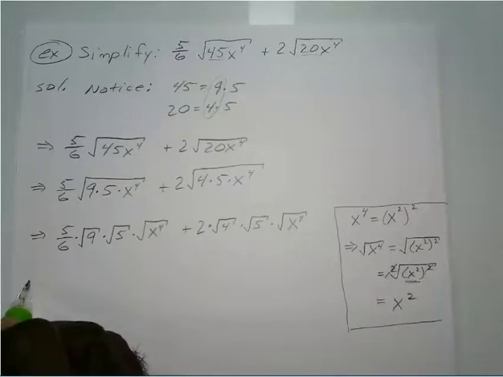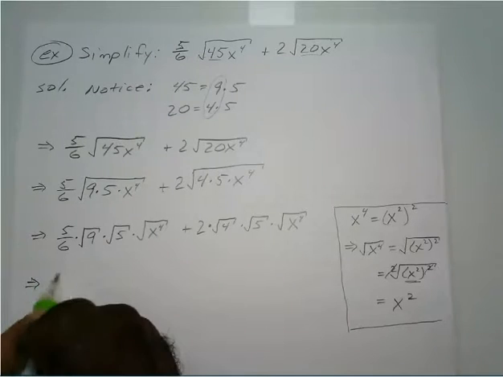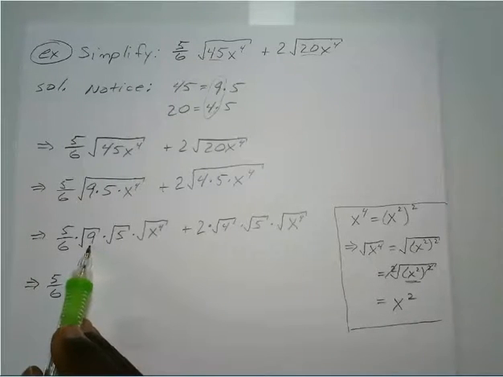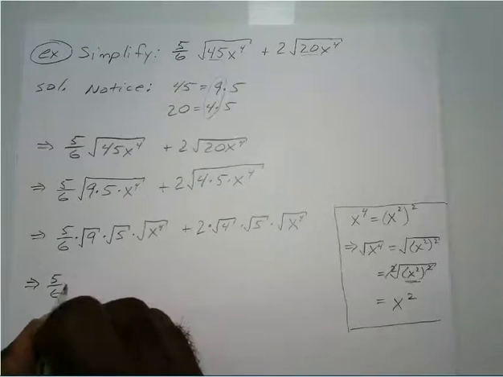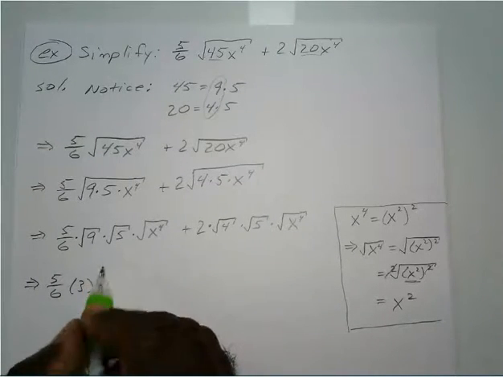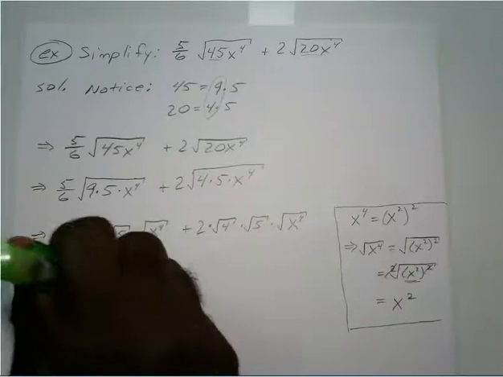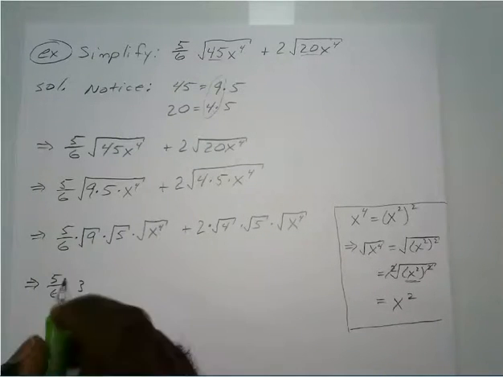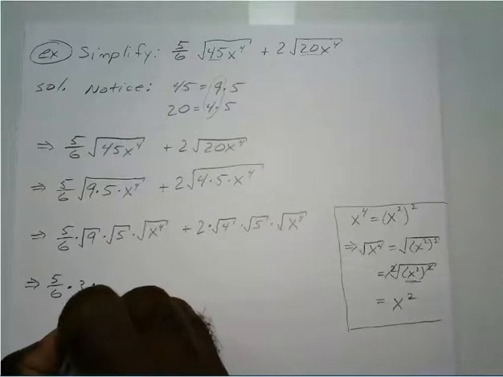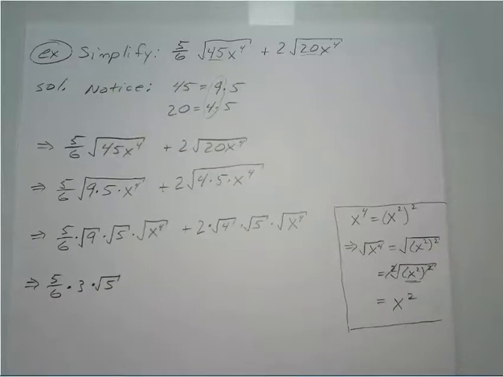Okay, so that gives us 5 over 6 times square root of 9. Remember, it's positive or negative. We're just going to use the positive, so that's times 3. I don't want to switch up between parentheses and anything else, so I'll just use the times 3 times square root of 5.